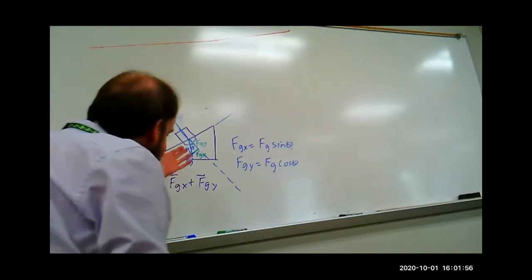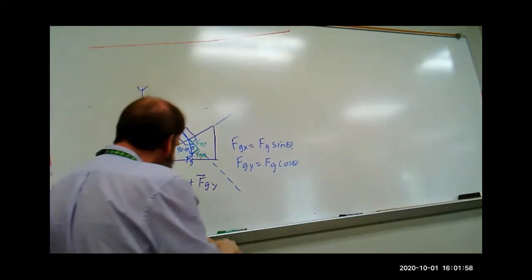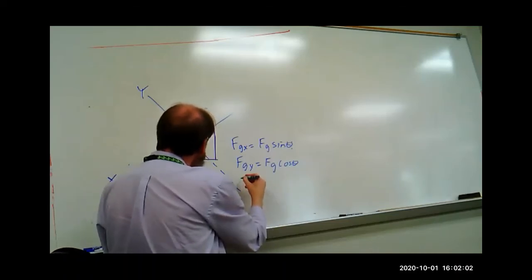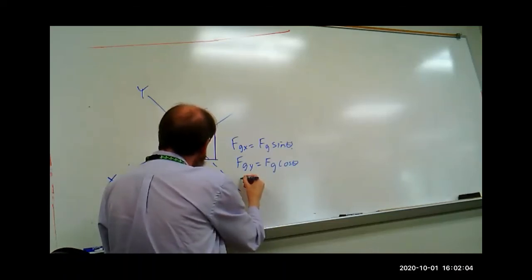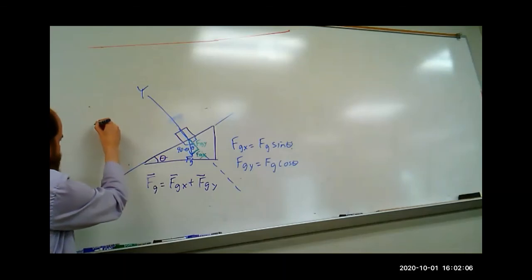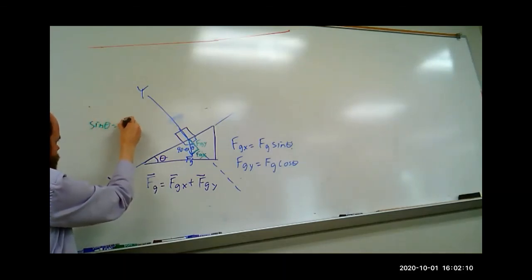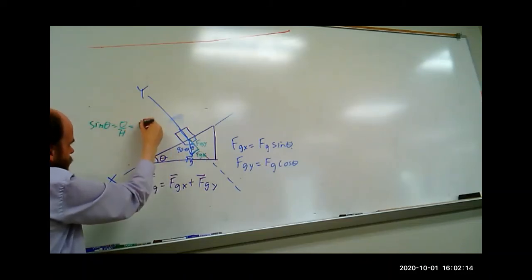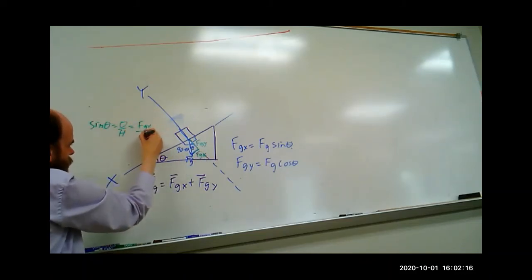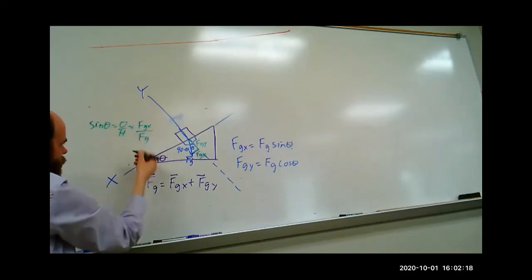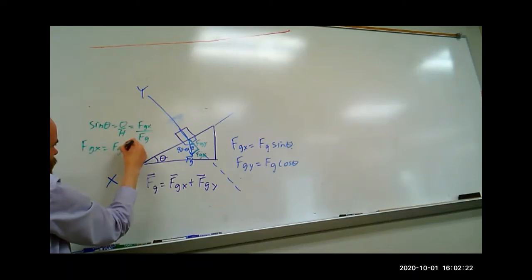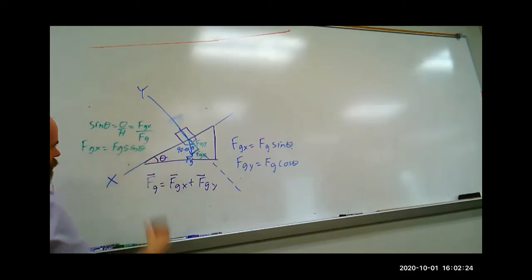And you look at this triangle, you could do Pythagorean theorem, trigonometry. So if we did over here, sine theta is opposite over hypotenuse. So opposite is Fgx, hypotenuse is Fg. So therefore, Fgx equals Fg sine theta.